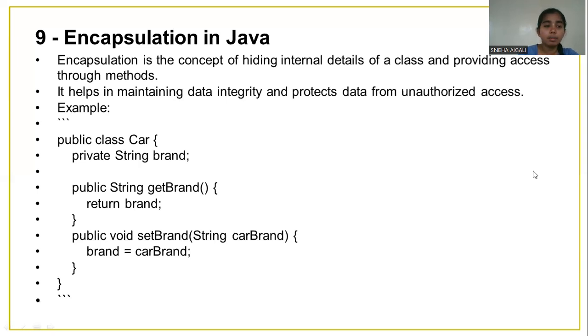Here we have an example, in which we have the class called Car and we have declared the variable brand. Then we set a public String getBrand method in which brand is returned. Then another method, public void setBrand, in which we pass the argument carBrand. Then we assign carBrand to the variable brand.